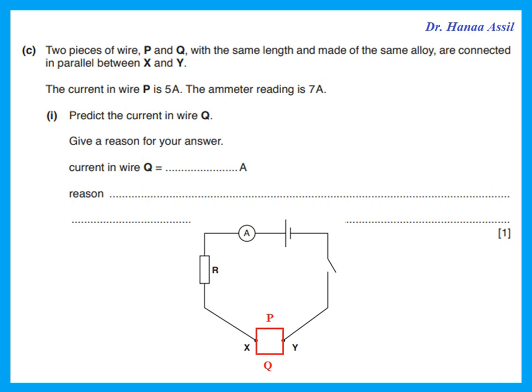Remember that the ammeter up there is reading the total current going through the circuit, so that is 7. Now, if I have two wires P and Q in parallel, the current divides. So if one of them is 5, then the other is 2 amperes because the total current is 7 amperes. So P plus Q is 7. If P is 5, then Q is 2 amperes.